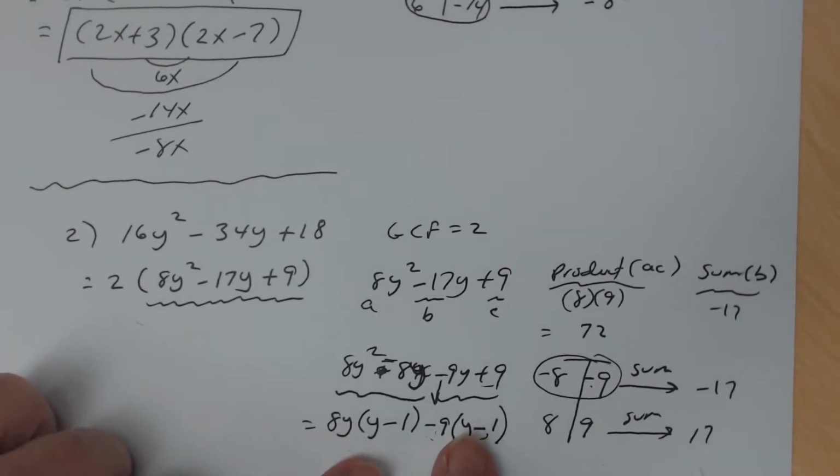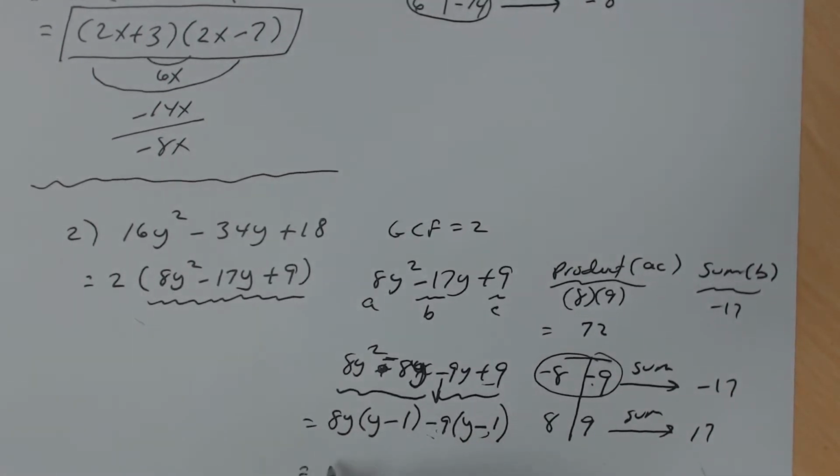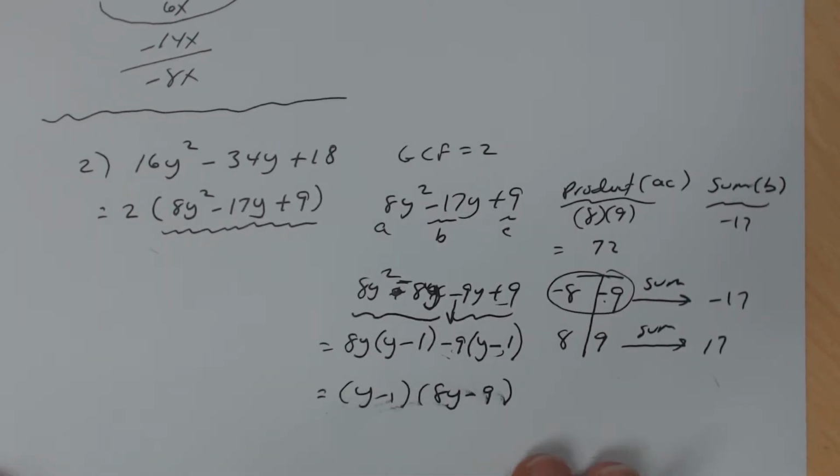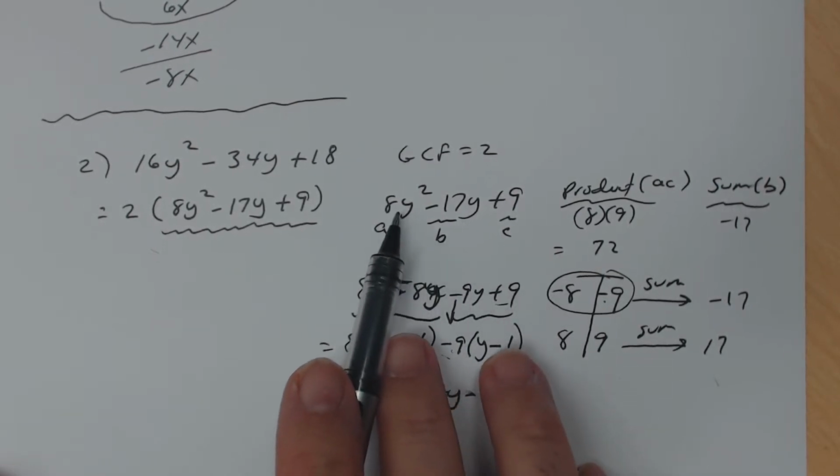And we're on the right track because these two factors in these two groups are the same. So we just factor it out. And so I get y minus 1 times 8y minus 9. Now remember, be careful, that is not the answer. Don't put that as your answer, because that is a factorization for this.